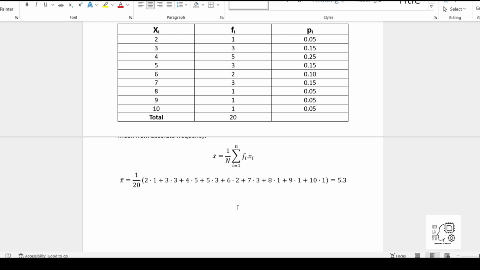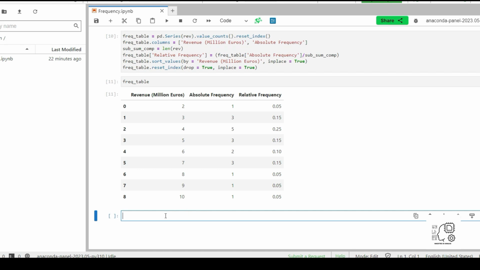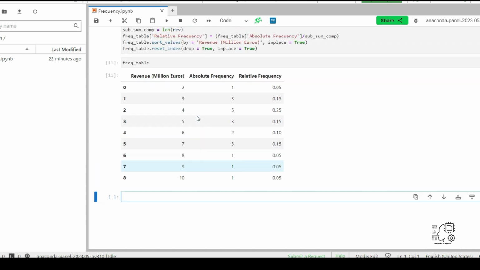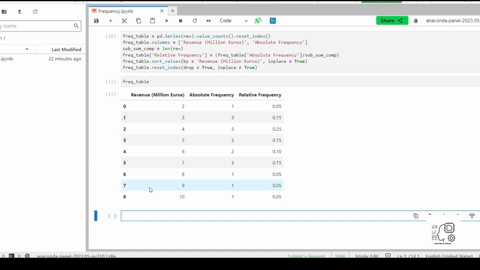And let's learn how to do it in Python. It's very simple. So first we have to take this pandas series of the revolution in order to make some other command. Let's take this series into another variable.